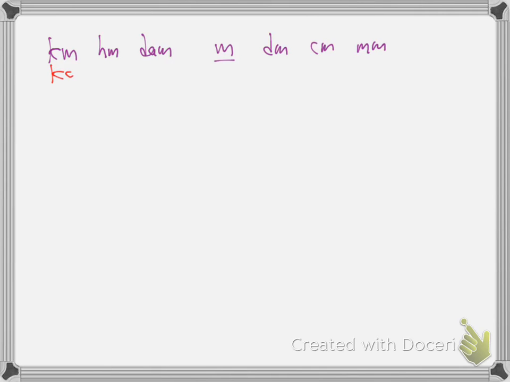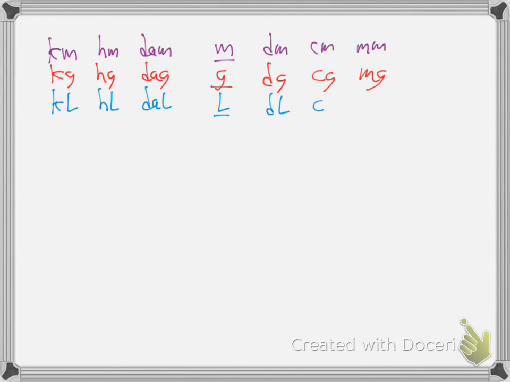Then they have the same thing for grams: kilograms, hectograms, decagrams, grams in the middle, and decigrams, centigrams, milligrams. That's for weight. And finally down below, for liquid volume: kiloliters, hectoliters, decaliters, liters, deciliters, centiliters, milliliters.